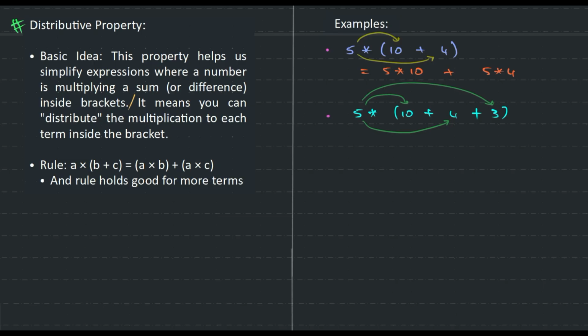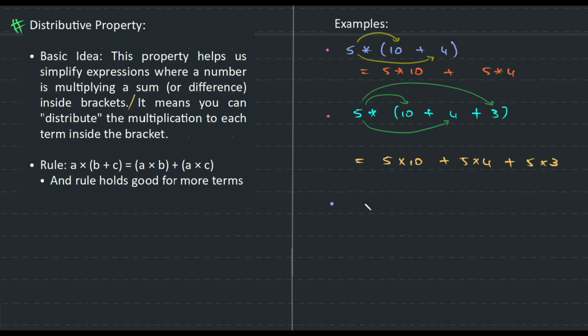Whatever number is there inside the bracket, each term has to be multiplied with the outside term. So basically this is equal to 5 times of 10, plus whatever the symbol is there, you should write that, 5 times of 4, again the symbol, and 5 times of 3.